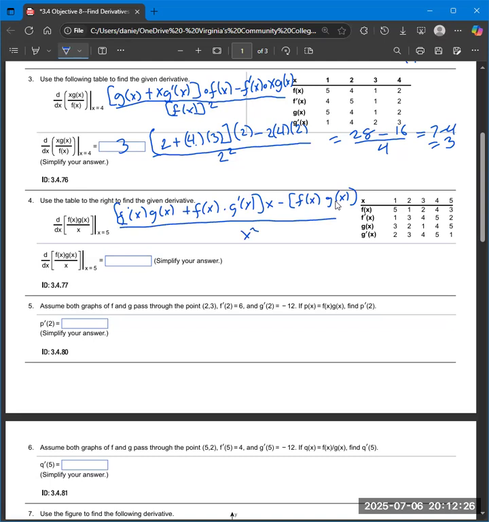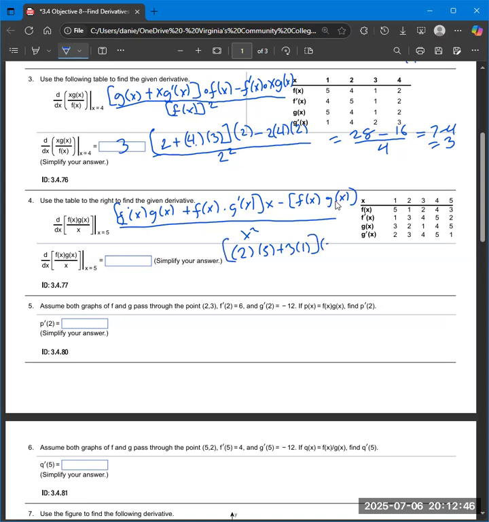So f prime of 5 is 2. G of 5 is 5. F of 5 is 3. G prime of 5 is 1.